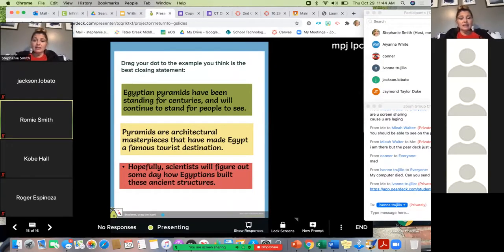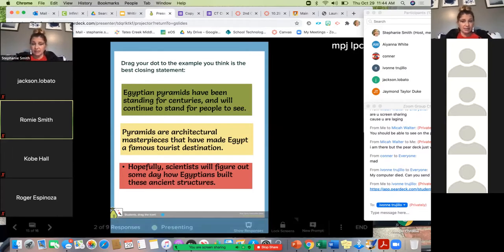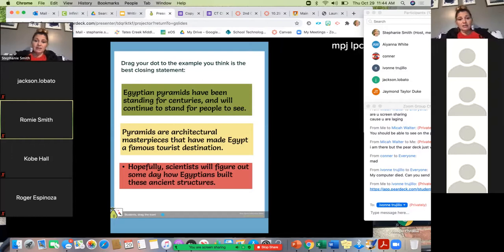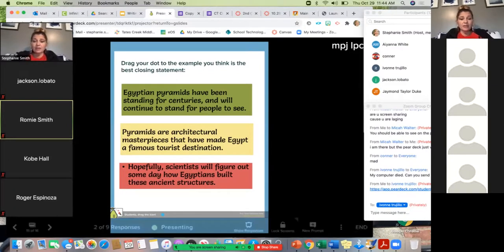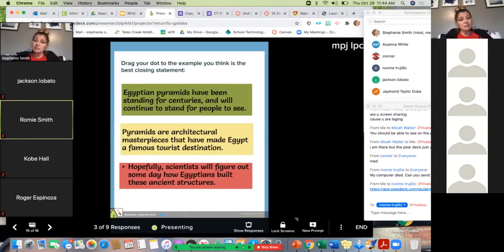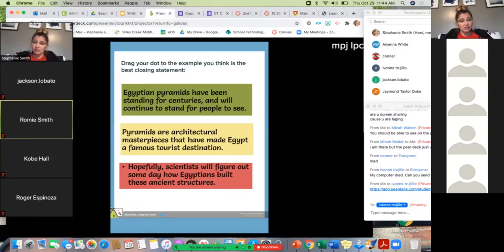All right. Egyptian pyramids have been standing for centuries and will continue to stand for people to see. That's a good concluding sentence. It's not necessarily just restating the topic sentence, but it's tying it all together. Pyramids are architectural masterpieces that have made Egypt a famous tourist destination.